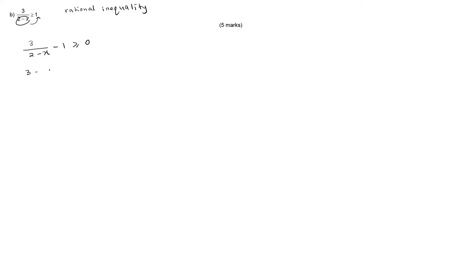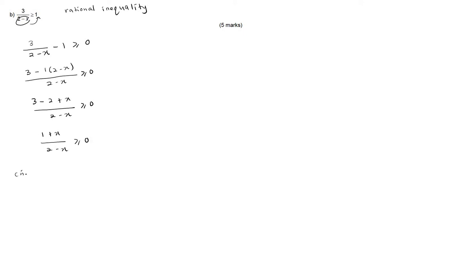Then 3 minus 1 multiplied by 2 minus x over 2 minus x. So 3 minus 2 plus x over 2 minus x more equals 0. Simplify. 1 plus x over 2 minus x more equals 0.